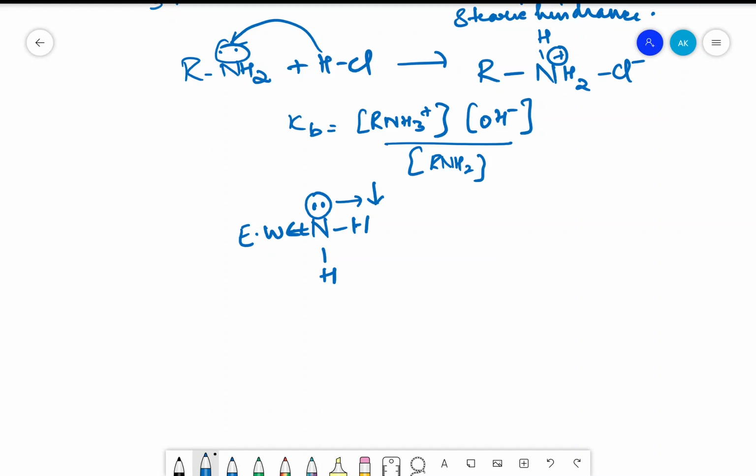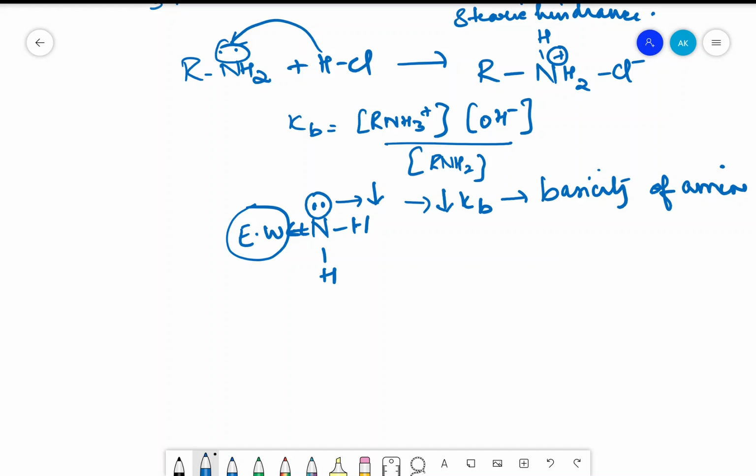Thereby this leads to decrease in the Kb value. That means it is reducing the basicity of amine. So this particular reduction in the basicity of amine due to electron withdrawing group can also be included in the topic of relative basicity of amine, which you need to add up and refer to the notes.